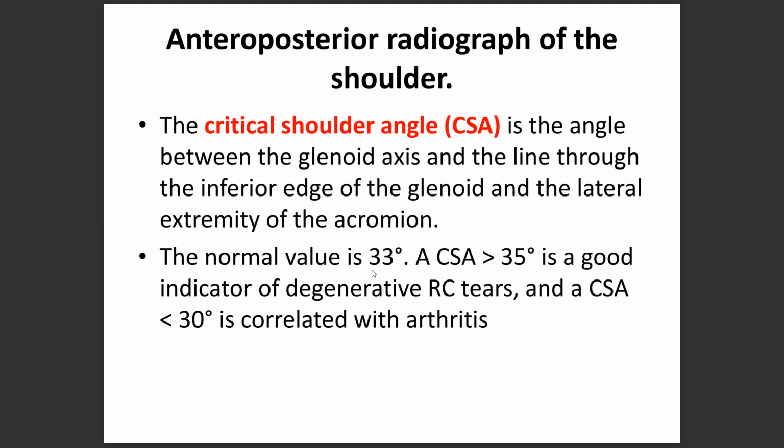It means the normal range is between 30 to 35. The average value is almost 33 degrees. The higher the value, the higher the indication of a rotator cuff tear, and the lesser the value, the higher the chances of the presence of arthritis.